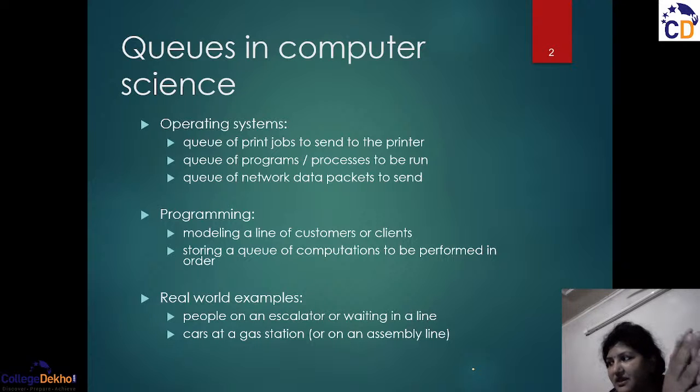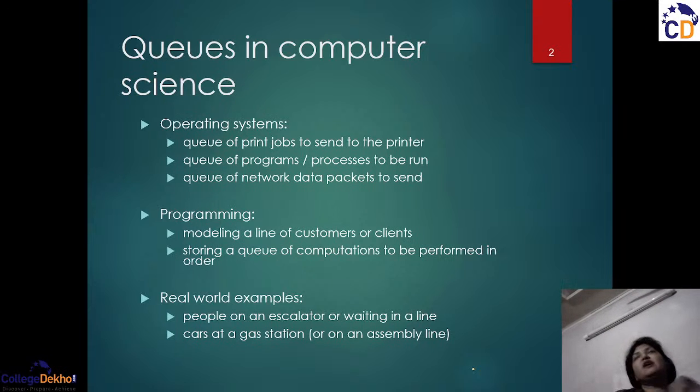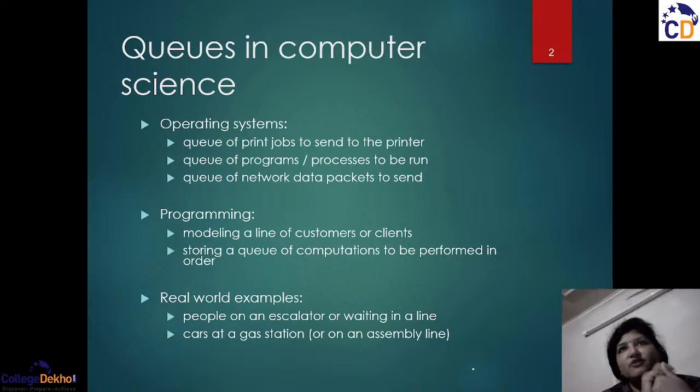So we might be standing in a queue. These are the real-time examples where we are maintaining the queue. And here we have understood how we maintain the queue, how we have a list of items in a queue, how we stand in a queue, and how we implement it using arrays and linked lists, right.